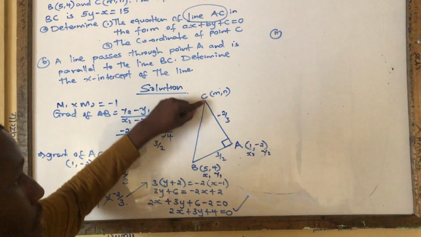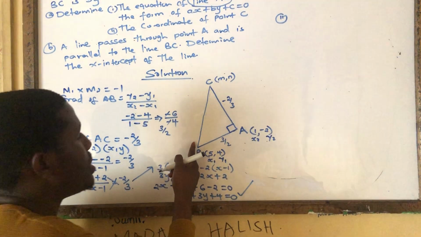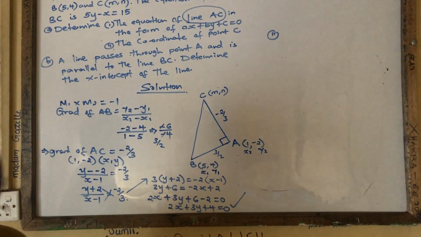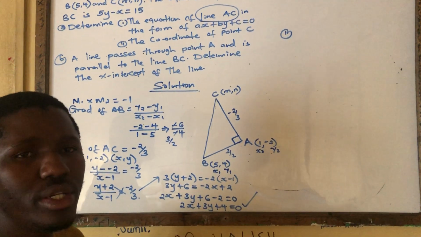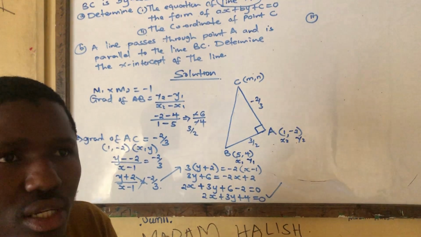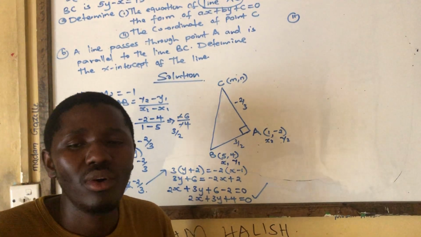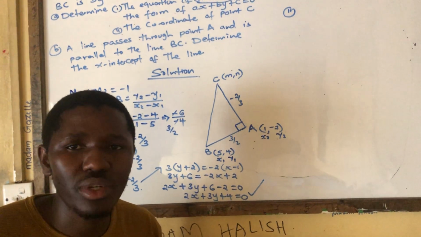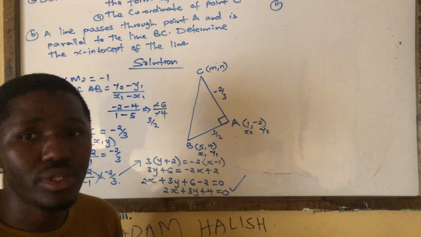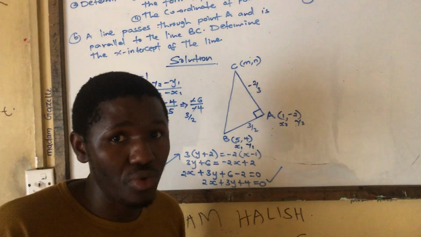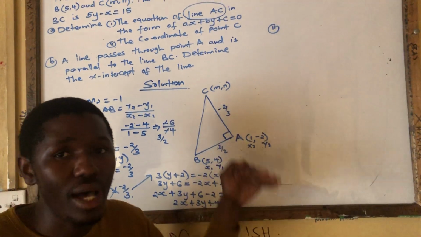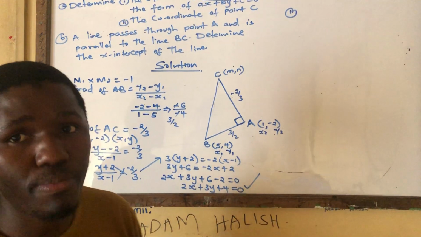How will that be done? We will solve this equation and this equation simultaneously. That is the reason why I said this is an application question. And a student is required to be very smart when it comes to application skills. The coordinate of C is basically a point of intersection, but the question did not use those words as some of the students may expect.